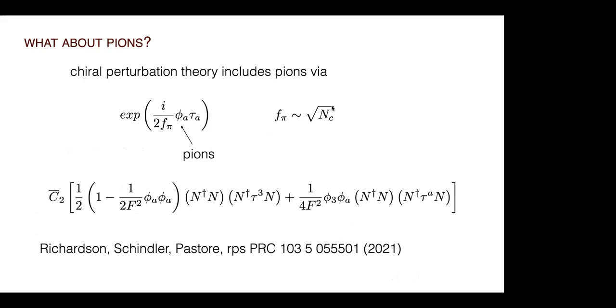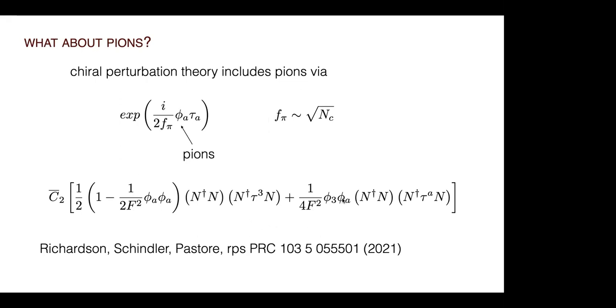On the other hand, as we discussed before, this F pi scaling is the square root of NC from the vacuum decay constant. And we see that every time a pion appears, we have an inverse power of F pi. And so the pions also make the operator take a hit.